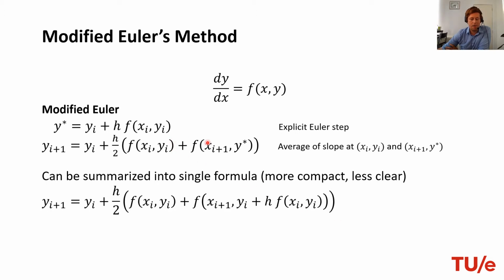It's simply this y star directly substituted into that equation. So it's a bit more compact, but is less clear in my opinion. So by writing it out in 2 separate steps, it becomes much more clear what you're trying to do. So first we compute this preliminary solution, which we only use to evaluate f at x_{i+1} and at y star.